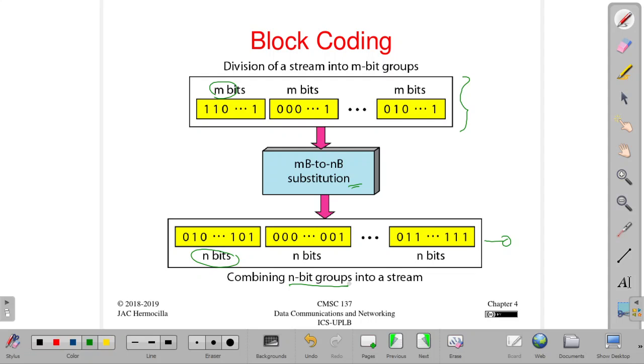So that's basically the idea. So the interesting question is, how do you map these M bits to these N bits? So you need to provide a mapping function or substitution function to do this.